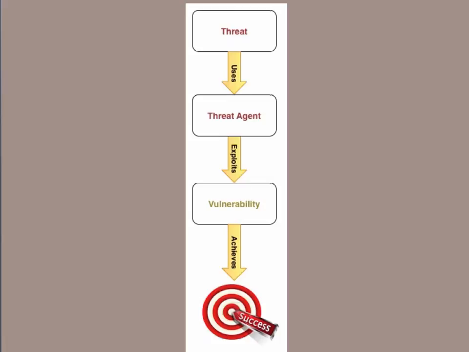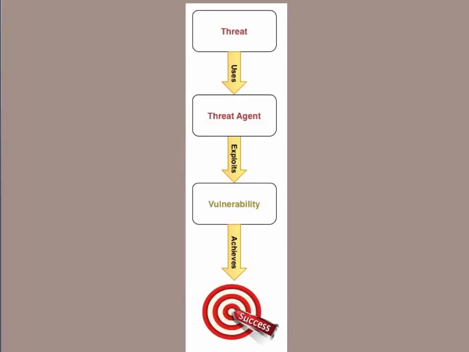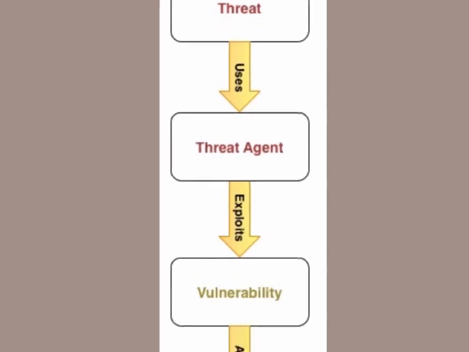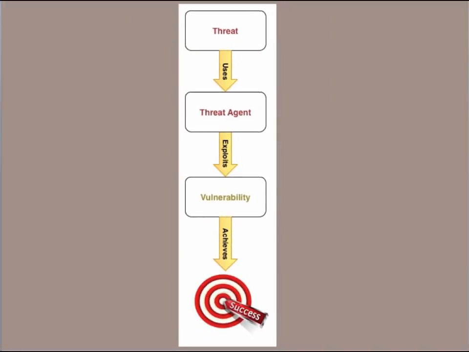So this particular example can be cyclical. The threat doesn't change, but the threat agent and vulnerability can change as the attacker steps across the attack path towards the target. So a threat uses a threat agent to exploit identified vulnerabilities to achieve either intermediate or final attack objectives.